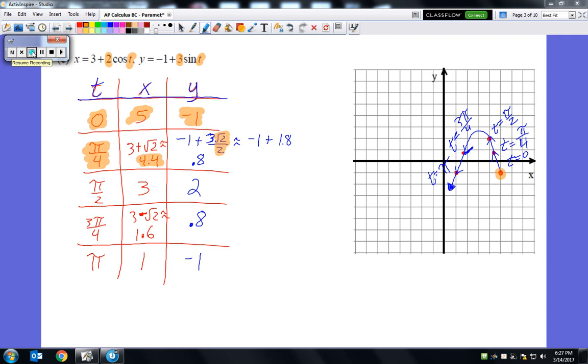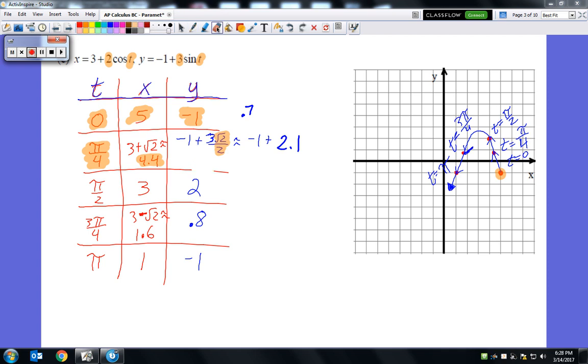Okay, so like I was saying, that root 2 is 1.4. And if I divide it by 2, I'm going to get like a 0.7-ish, if you will. And 0.7 times that 3, just caught my mistake, would be about 2.1, not 1.8. So the -1 plus the 2.1 would yield a 1.1, not a 0.8.